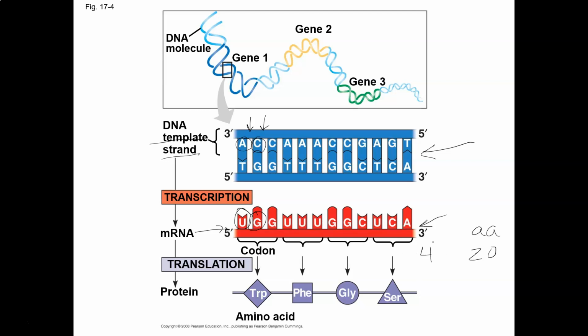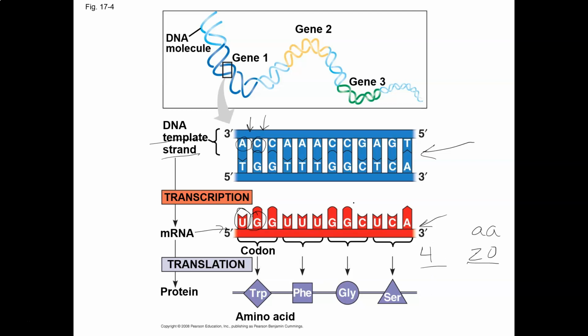So you've got 4 different nucleotides, 20 amino acids. So it's pretty obvious that it's not going to work for each amino acid to have its own nucleotide. You know, like uracil will code for tryptophan and guanine for phenylalanine. So that's not going to work because there aren't enough.